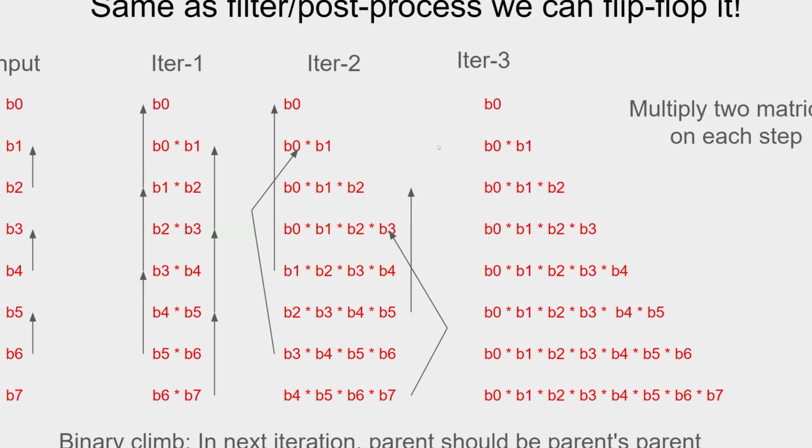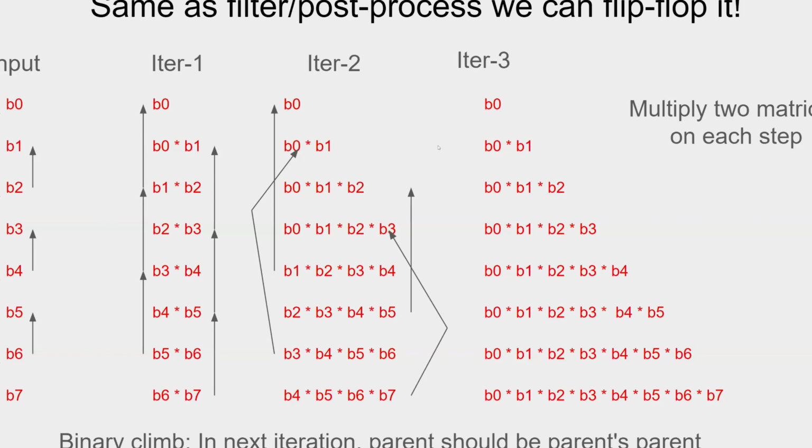Okay, but we can actually flip-flop that texture. The same way we do blur or any other post-process, we can do it through several iterations. We don't need a very big number of iterations, only the logarithm. Originally we have a link to the parent, but each time we swap the link to the parent for the link to the parent's parent.